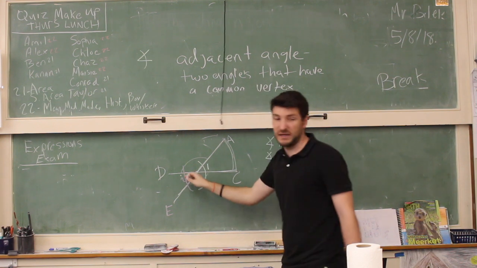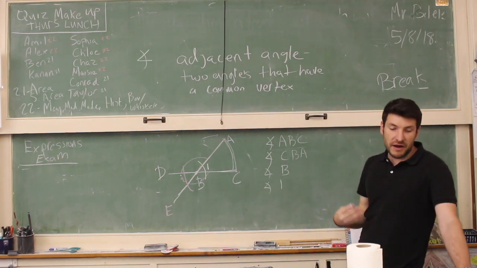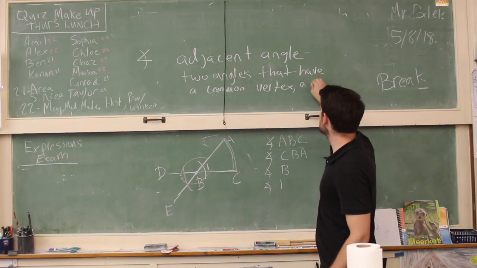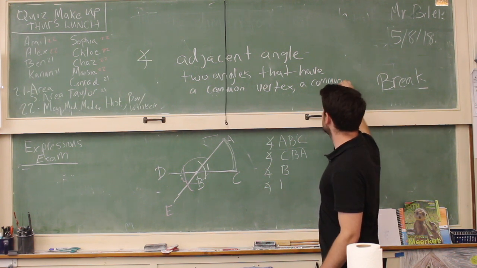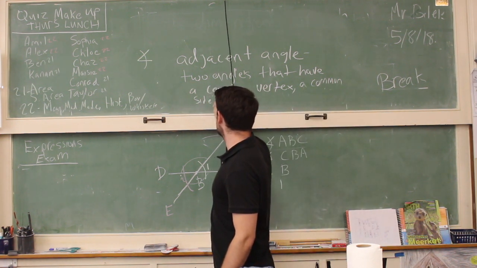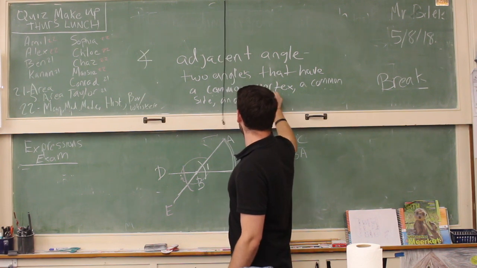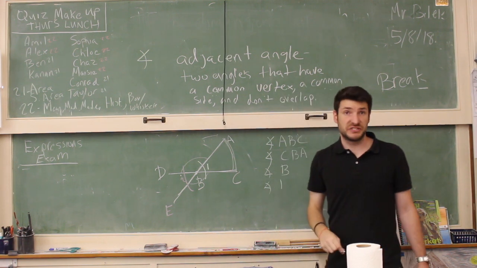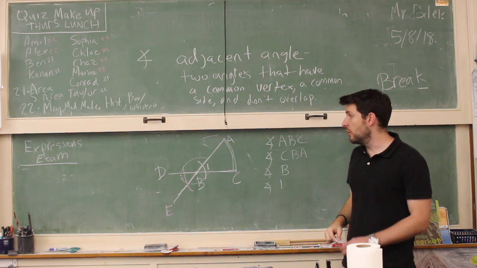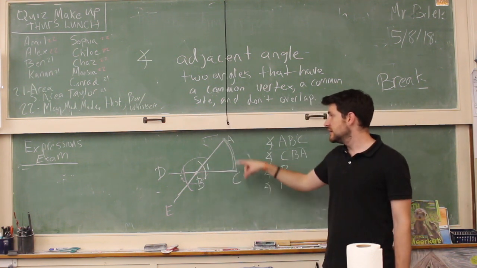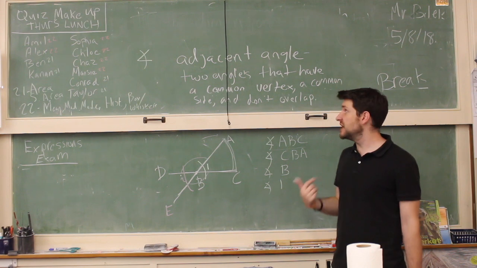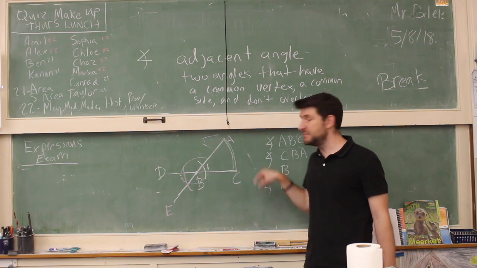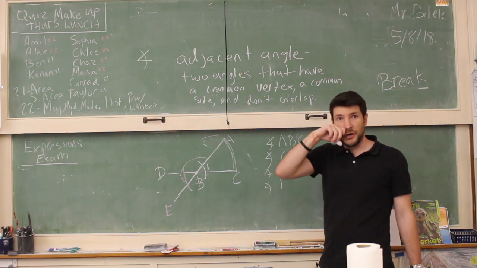In this case, our vertex is B. That have a common vertex, a common side, and don't overlap. In other words, they're next to each other. So, DBA and ABC are adjacent angles. They're next to each other. DBA and ABC are next to each other.